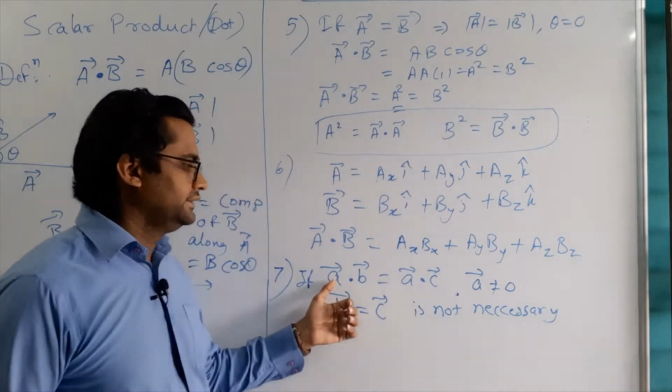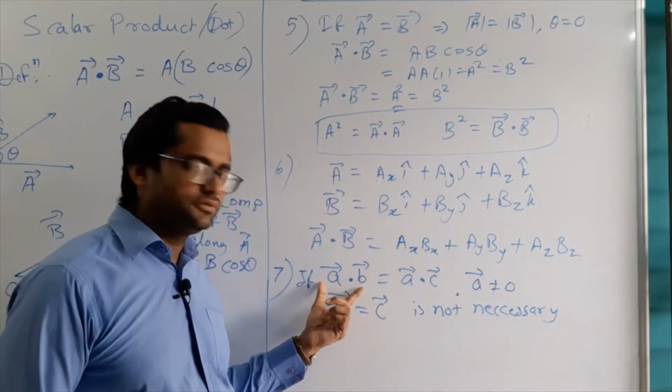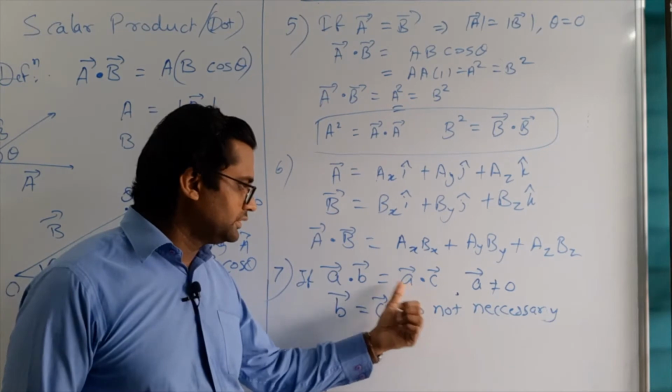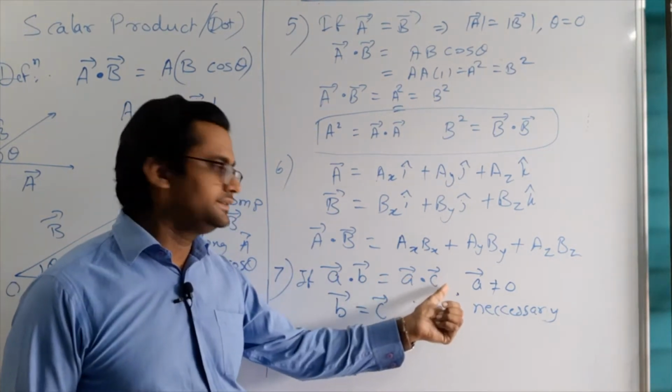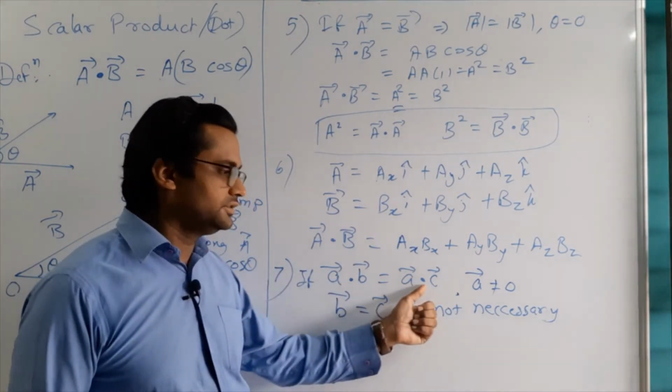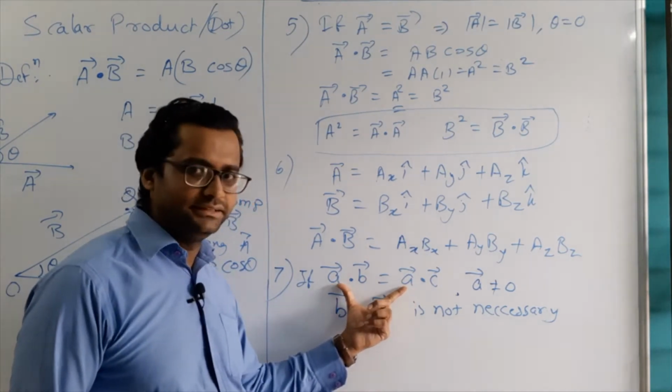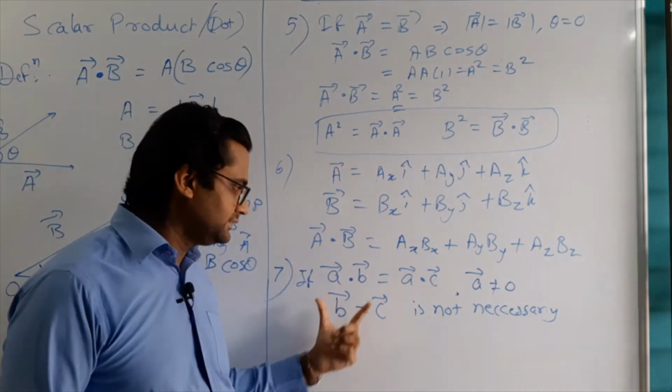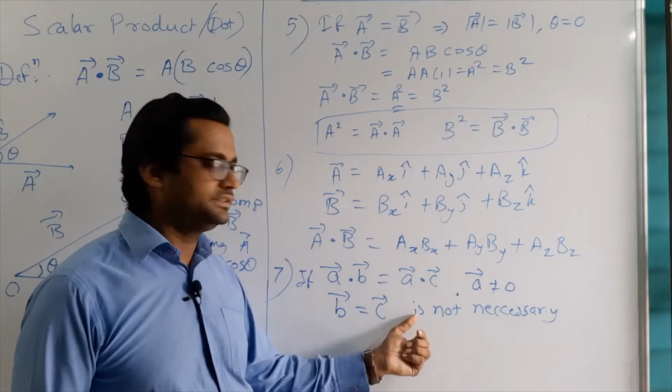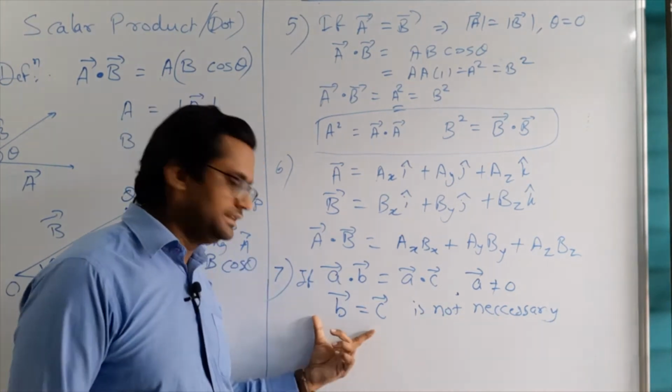If a bar dot b bar, the dot product of two vectors, is equal to a bar dot c bar, the dot product of the first vector and another vector c bar, it doesn't necessarily mean that b bar is equal to c bar. This condition is not necessary.